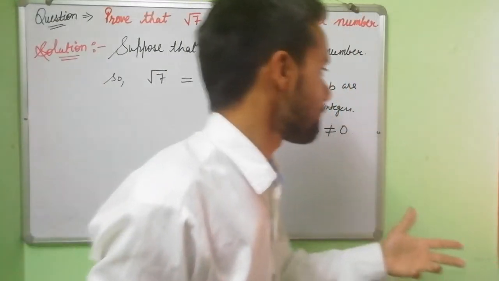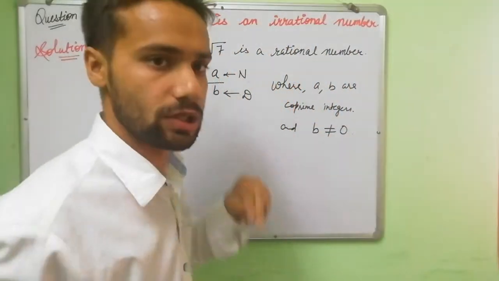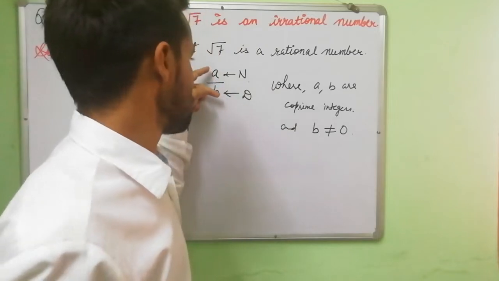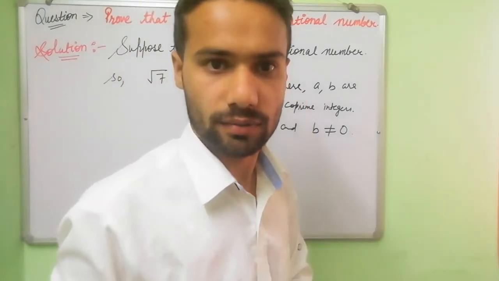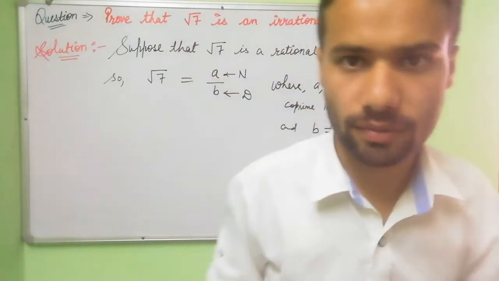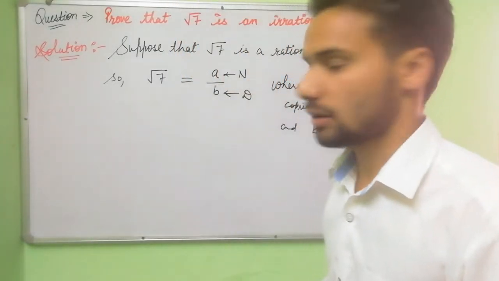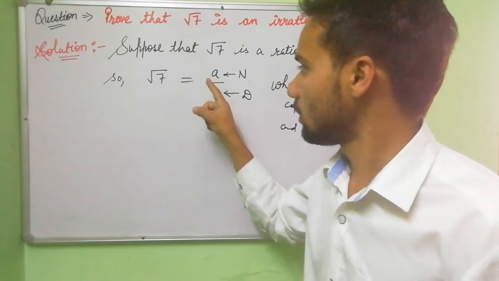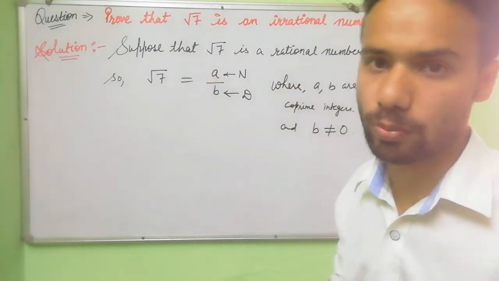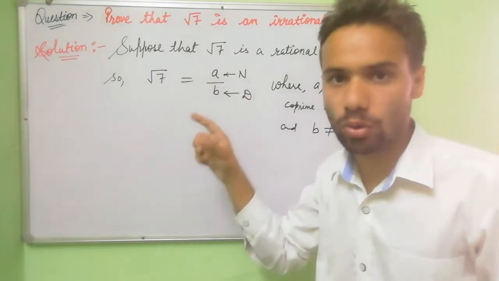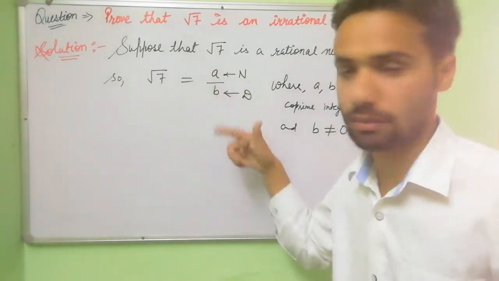Co-prime means any two integers whose highest common factor, that is HCF, is 1. Then these two integers are called co-prime. Co-prime means relatively prime.